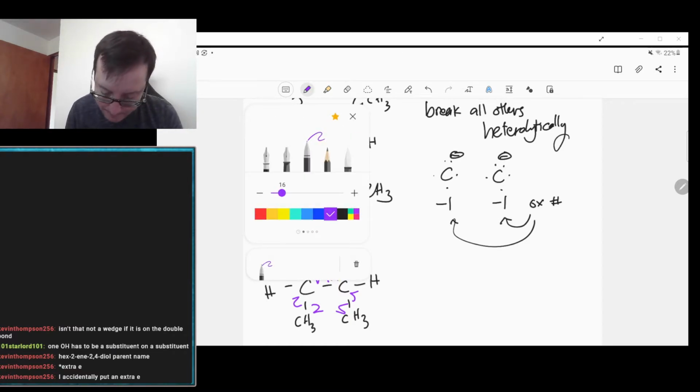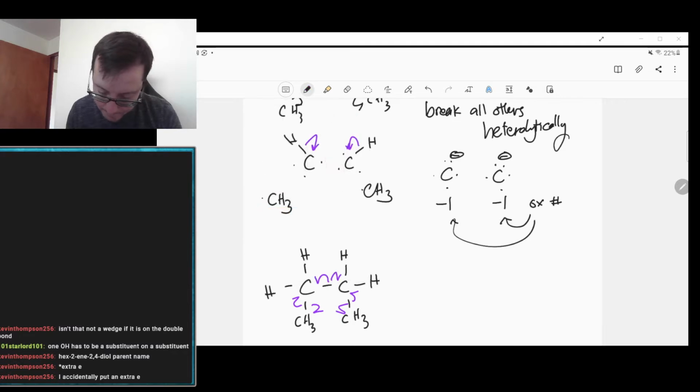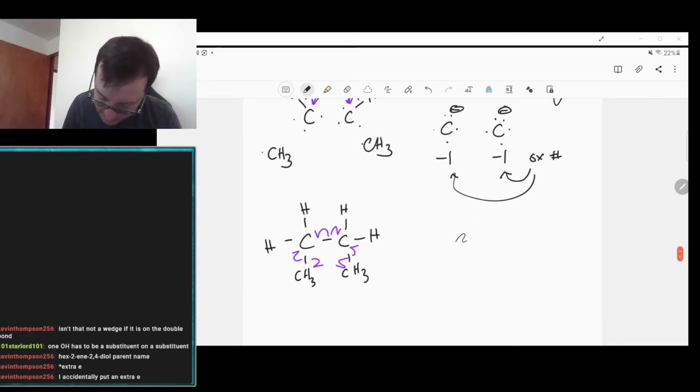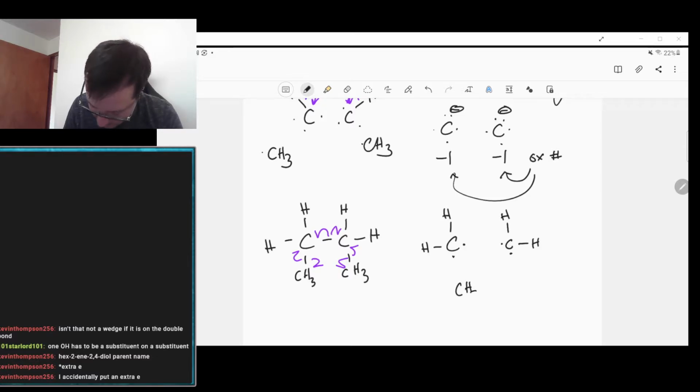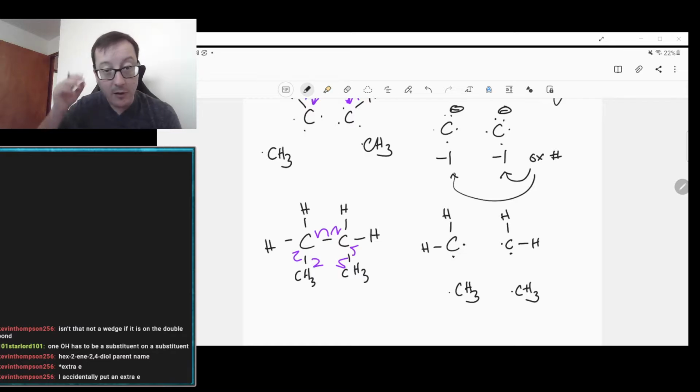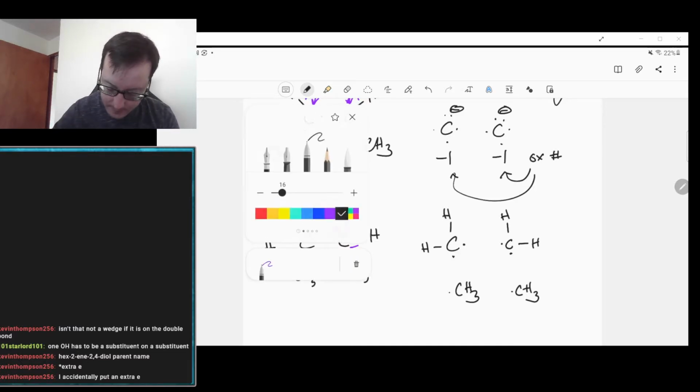By doing that, we now have C, C, H, H. I'm going to just forget about our CH3 dots because we're not looking at those right now.